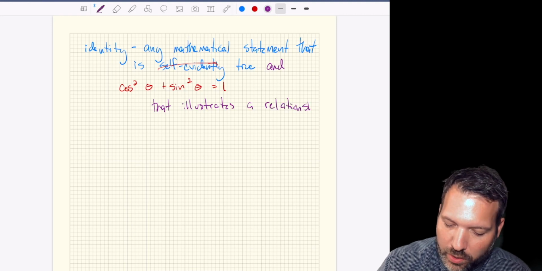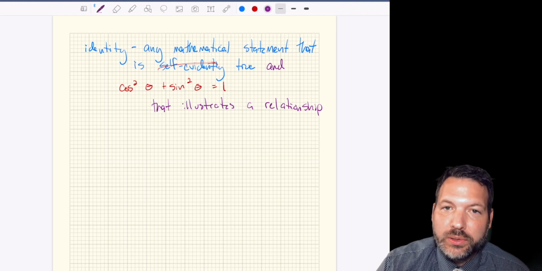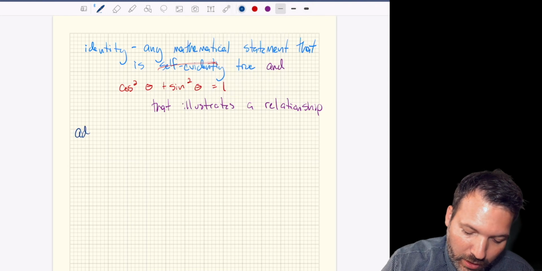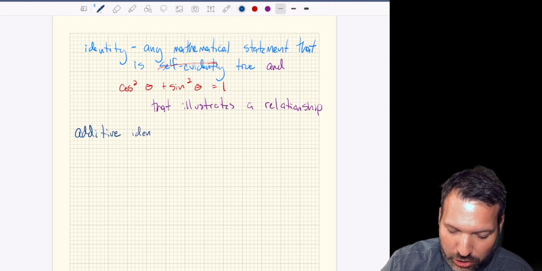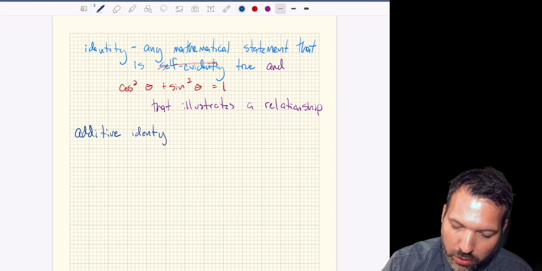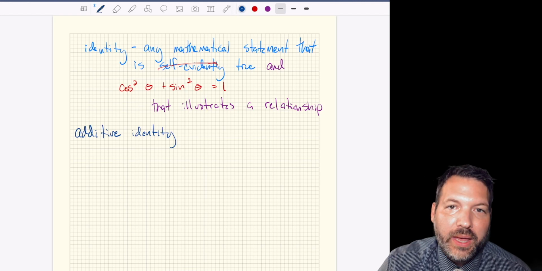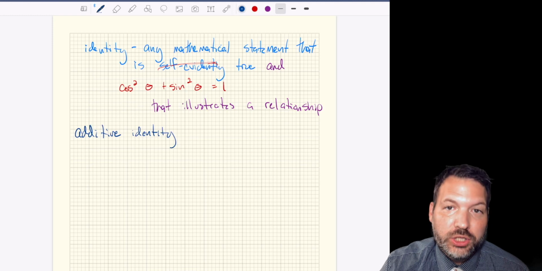What do I mean by that? Well, the identities I want to look at today are the additive identity and the multiplicative identity. The additive identity is this idea that if I'm working with addition, what would be nice is to have some element that I could add to things, but it wouldn't change anything.